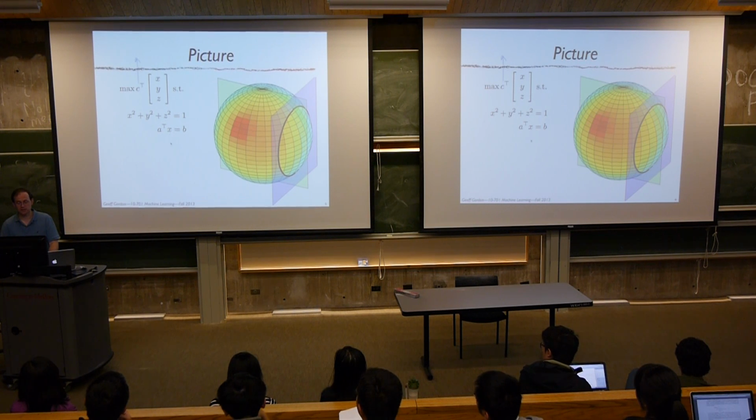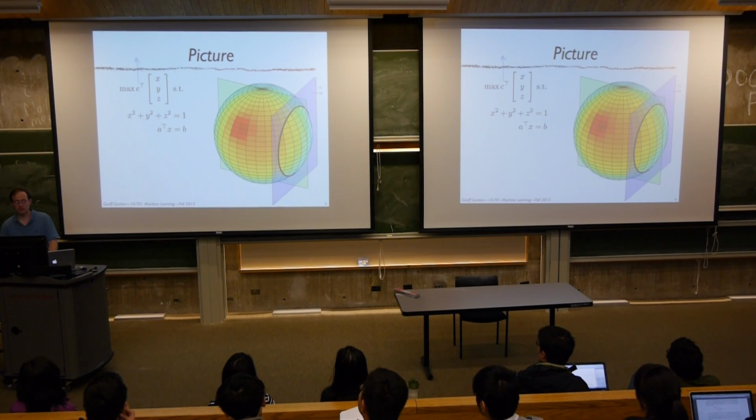And a transpose x equals b. And so a is going to be the normal of that plane, and b is going to be what slides it back and forth along the normal to make it be where it is, right? And so the feasible region is going to be this black curve here, where this blue plane intersects the surface of the sphere, right?